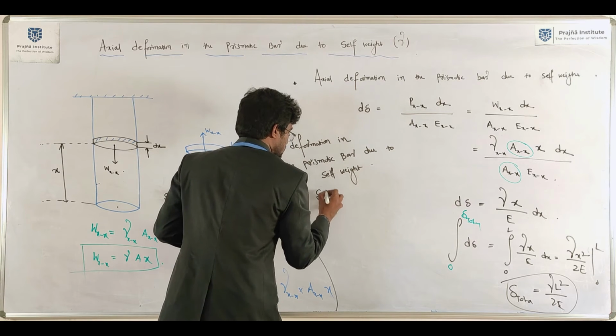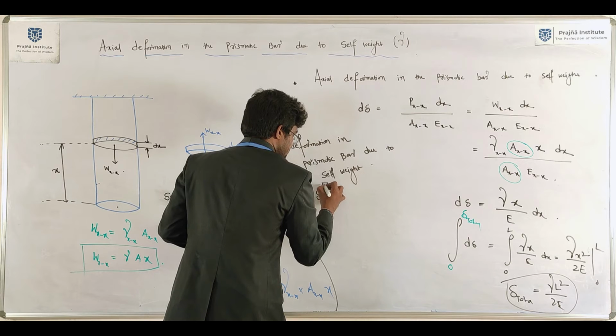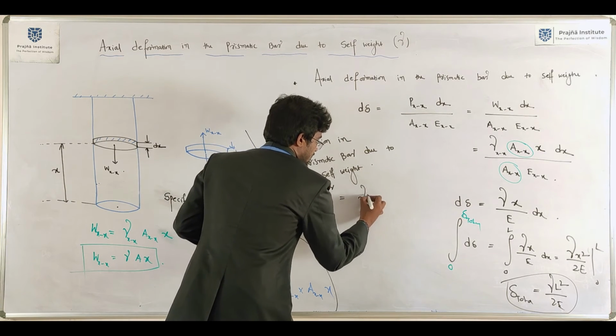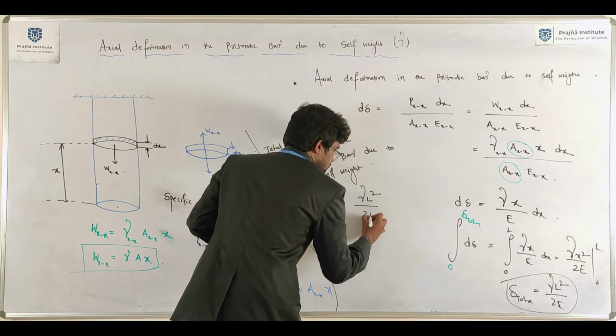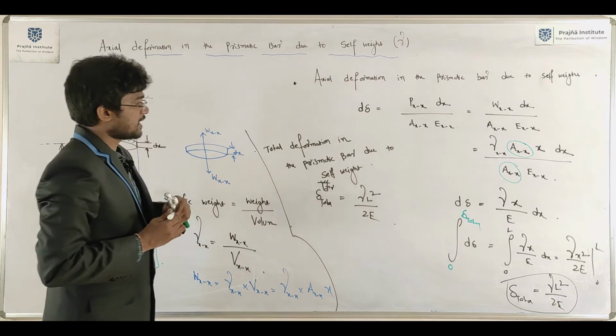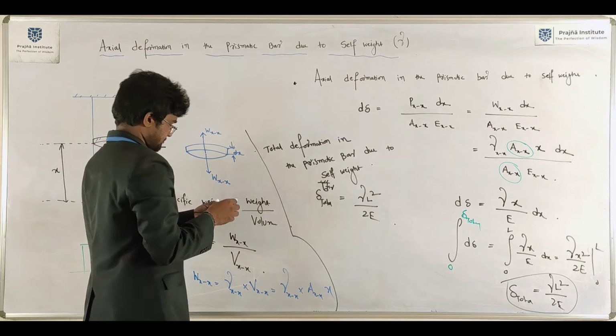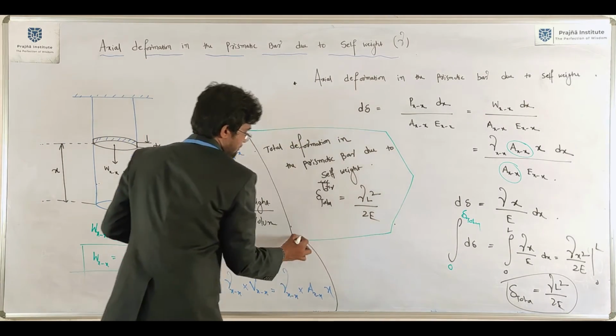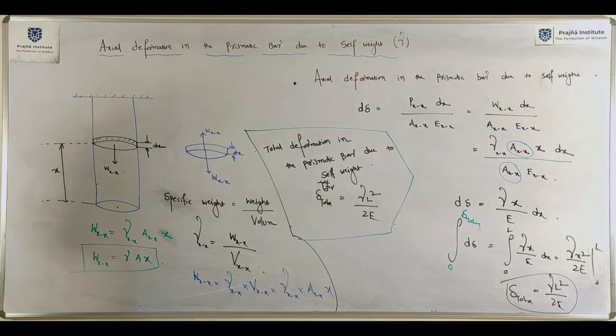Delta total is equal to gamma L square by 2E. Gamma L square by 2E. Right up to here?